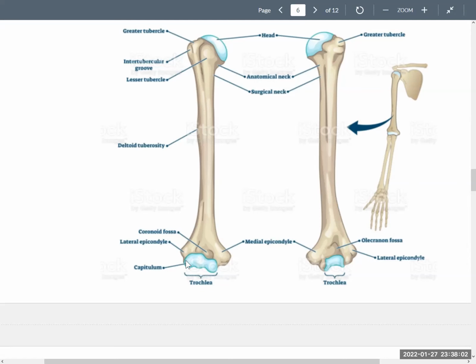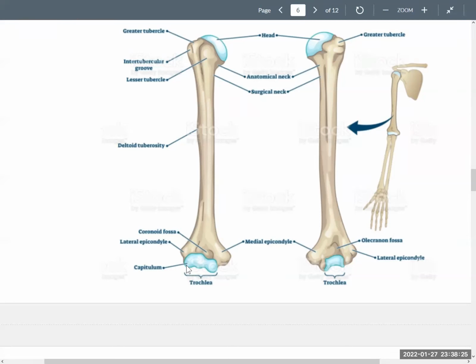The capitulum is on the lateral side, and it attaches below it to the radius. We'll see the radius in a moment. The radius is always on the lateral side. The radius is always on the thumb side.